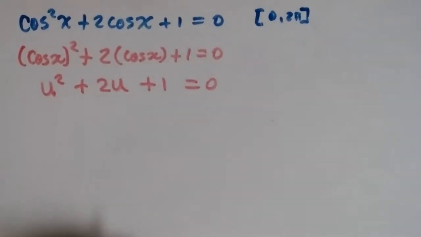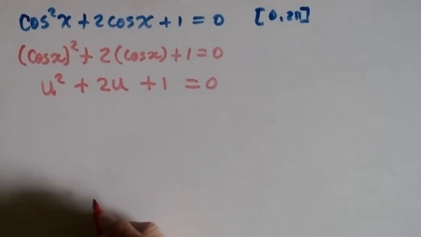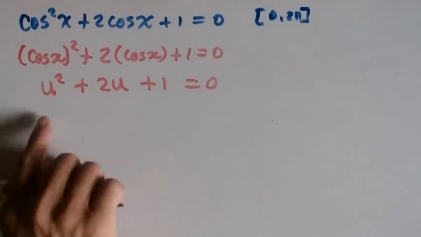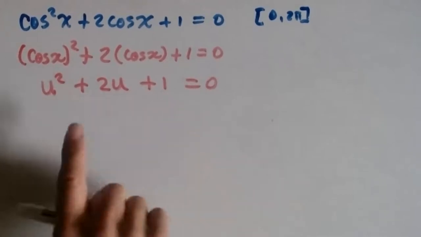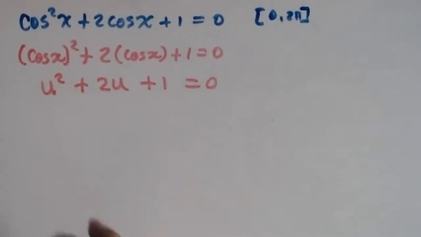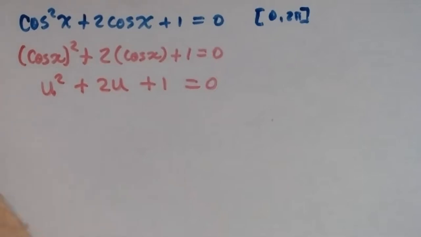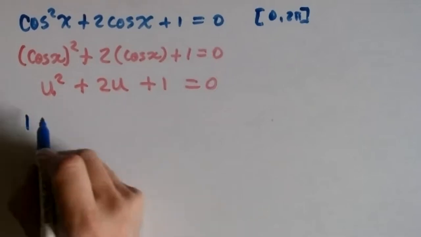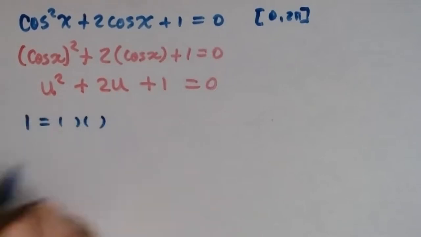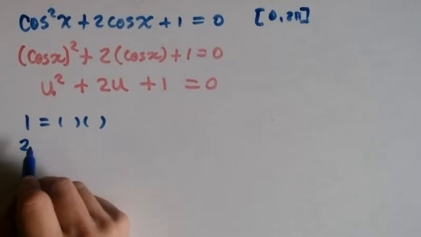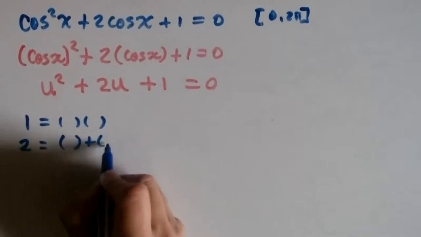This is okay. Now, how do you solve this one? You can factor or you can use the quadratic formula, right? It's possible to factor this. Let's see: two numbers that you multiply, you get 1; two numbers you add, you get 2.